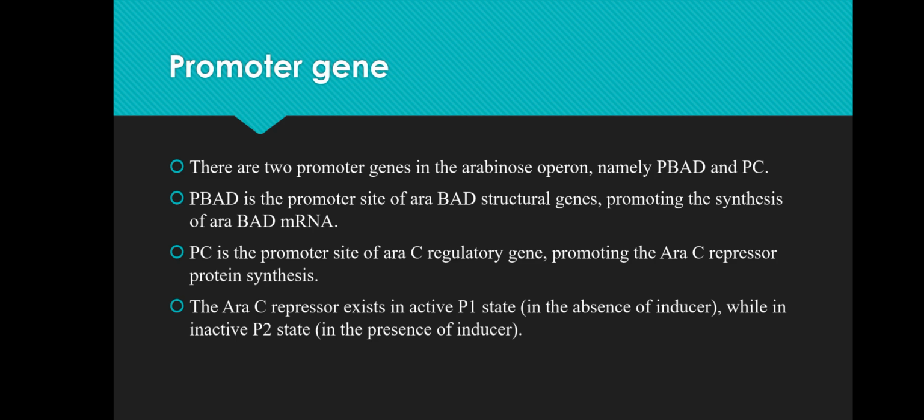PC is a promoter site of the RAC regulatory gene. This helps in promoting the RAC repressor protein synthesis. The RAC repressor exists in active P1 site where the inducer is absent or in inactive P2 site where inducer is present.